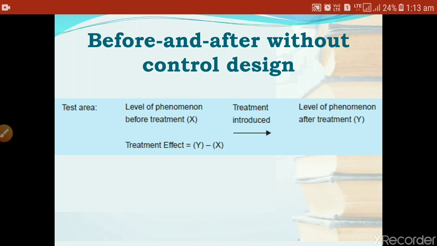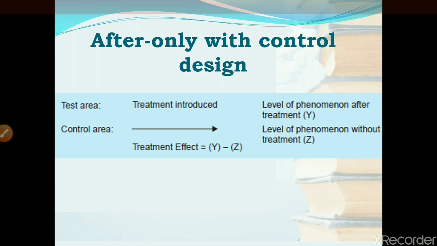I don't know whether whatever results I have got are just due to my efforts, my treatment, or there are some other factors. So in that case, to remove these extraneous variables, we need to do the second type of option.